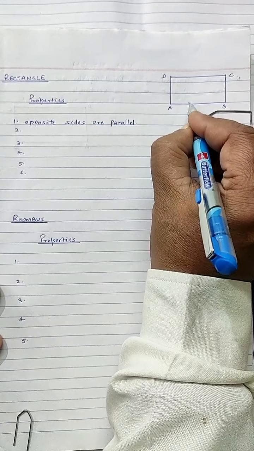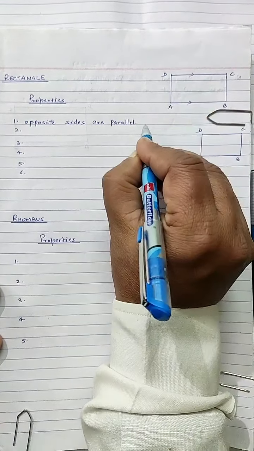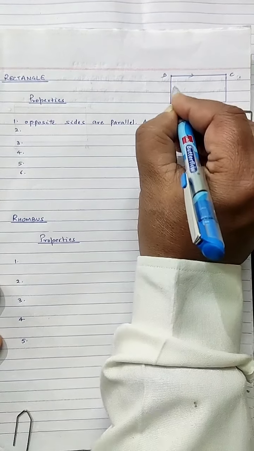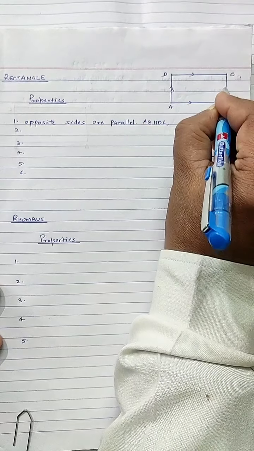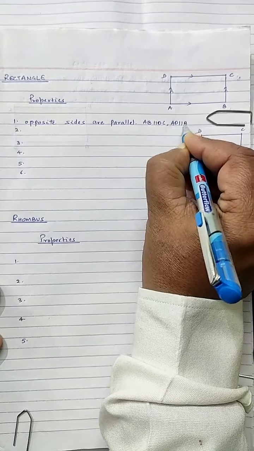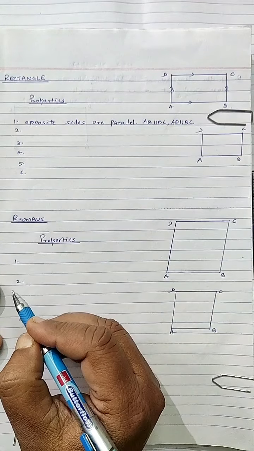It is AB is parallel to DC and AD is parallel to BC.